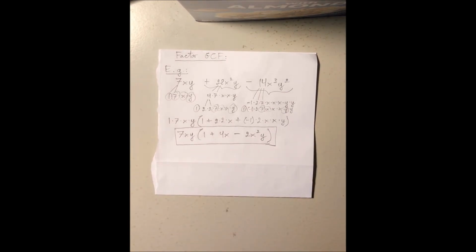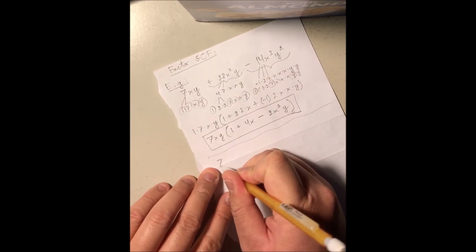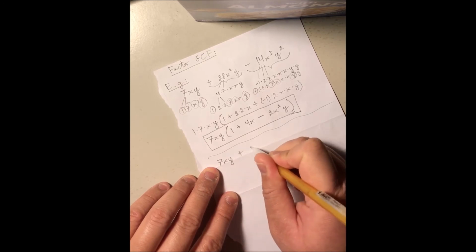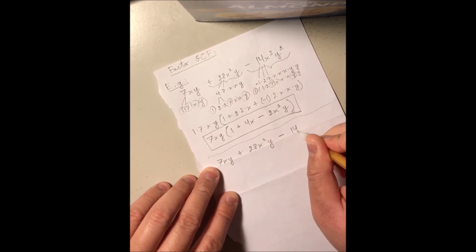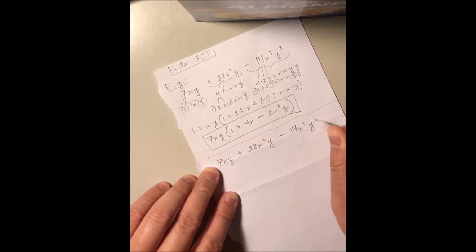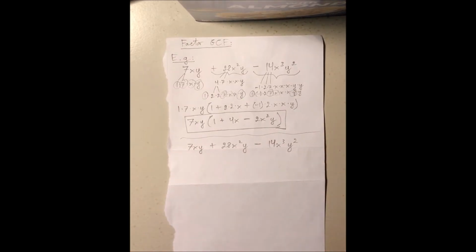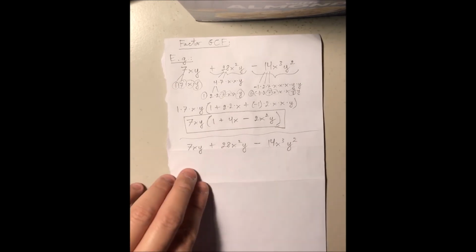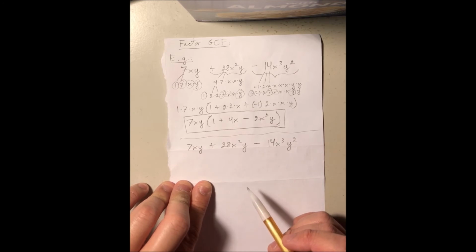Okay, so that's the long way to do it. Now, what about a short way? A short way is going to require mental math. So let's say we have the same expression, 7xy plus 28x squared y minus 14x cubed y squared. As stated in the previous example and at the beginning of this video, we noticed that we have the variables x and y going with all three of the coefficients.